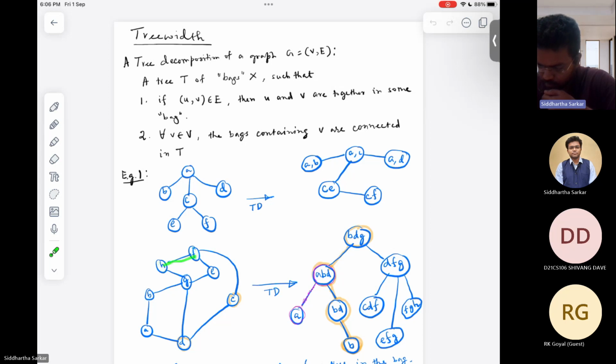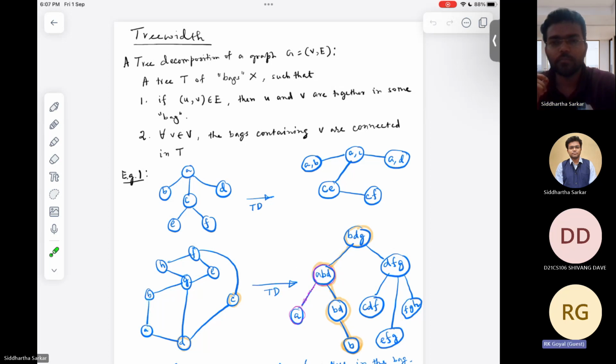For example, this is an edge F. So there should be a node in the tree decomposition where both H and F are contained in one bag or node. For example, this is one node where we have F, G, and H, so both H and F are present. This is the first property, and this property should be true for every edge of the graph.